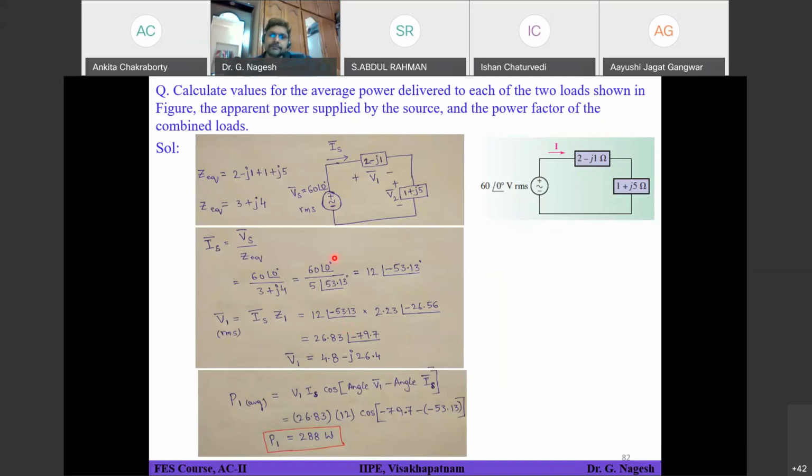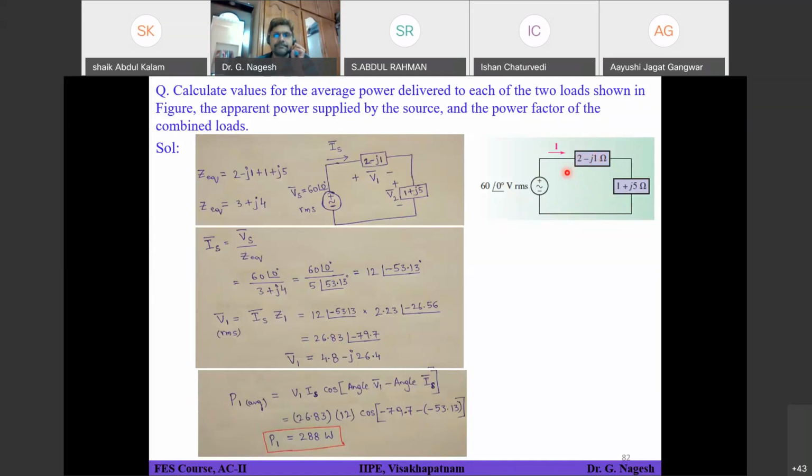The voltage across this is V1. Is it correct now? 26.83, yes sir. So V square divided by R also should give the same value, but anyway I will check it out and let you know. I will think about the V square divided by R concept and let you know by next class.